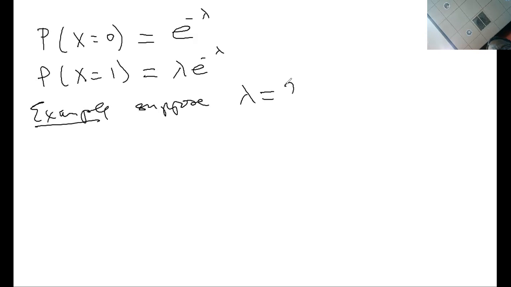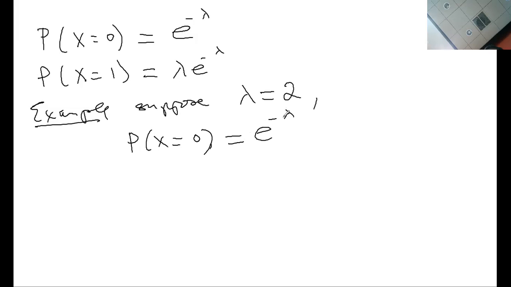So I'm not going to use cold. I just want to say, example, suppose lambda equals 2. That is, on average, a cold patient will sneeze twice an hour. What is the probability that x equals 0, that you will not sneeze at all for the 1 hour meeting you are going to get?